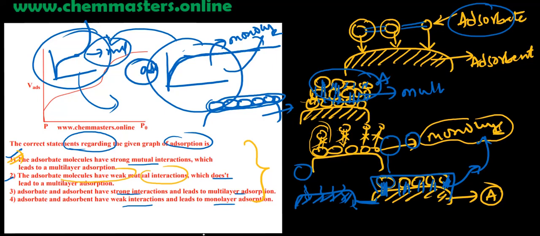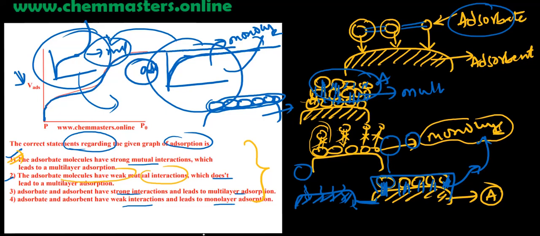The next case can be seen in this graph, where at the start a small rapid adsorption can be seen, and after that the adsorption decreases, and then there is again an increase in adsorption, and it stops further adsorption.